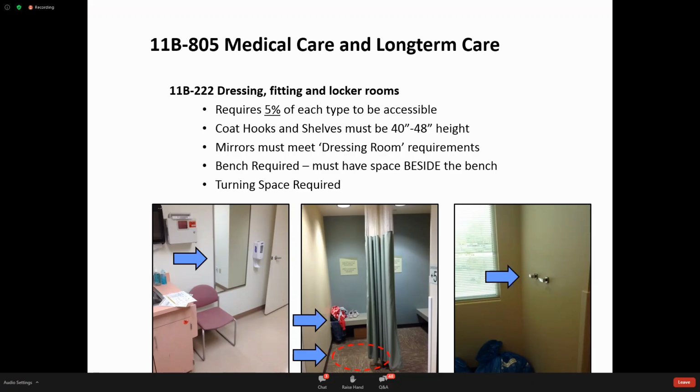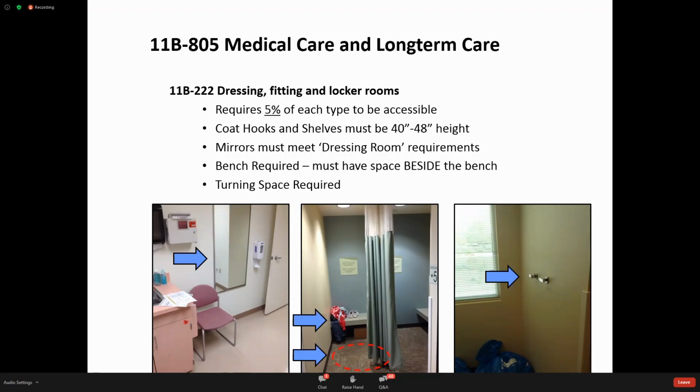So the magic of this is when somebody is transferring from their wheelchair to a bench, some people feel comfortable doing that along the long axis of the bench, kind of pulling alongside and transferring laterally.